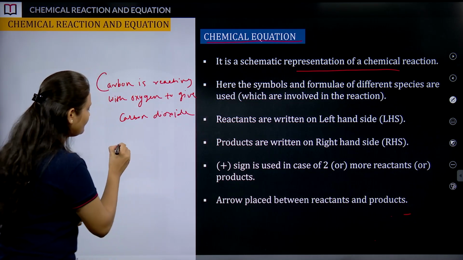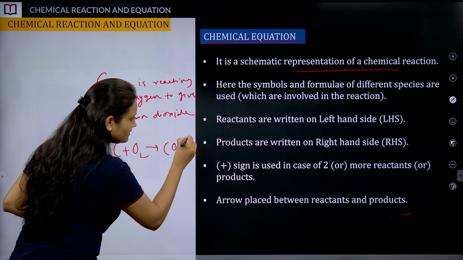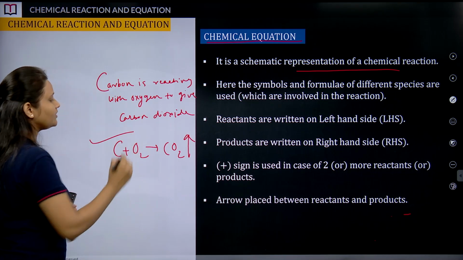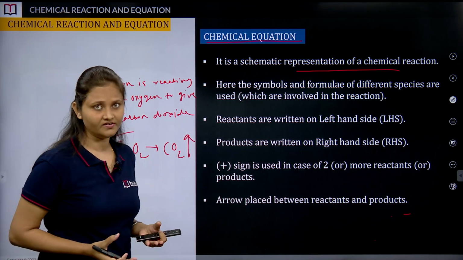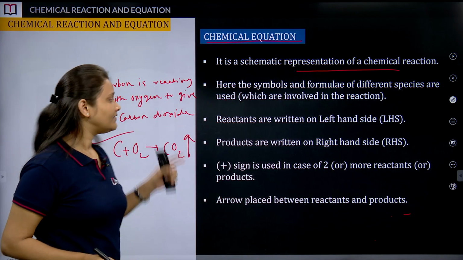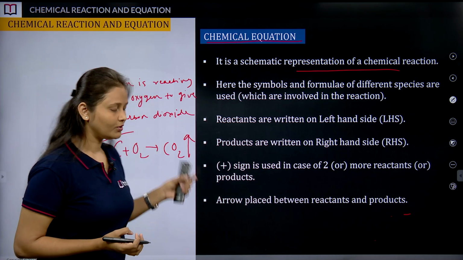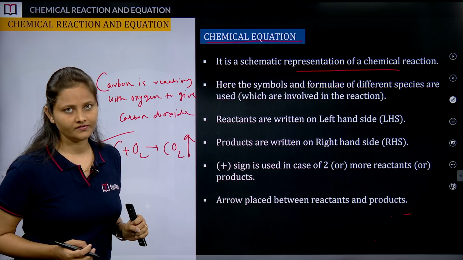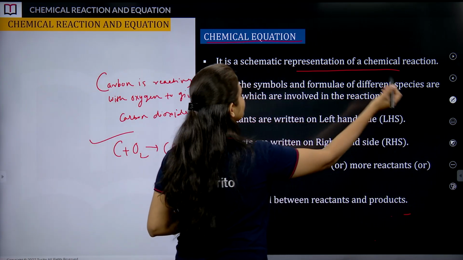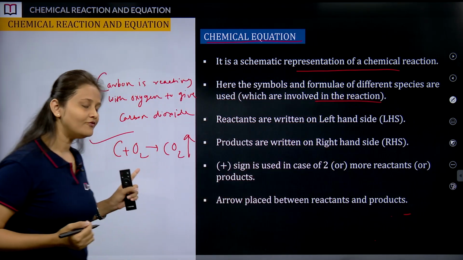But what if I write something like this very quickly? Isn't it very easy to write? This is our chemical equation, our chemical reaction. A schematic representation. We are not going to write complete sentences, not even words. Here the symbols and formulae of the different species involved in the reaction are used.